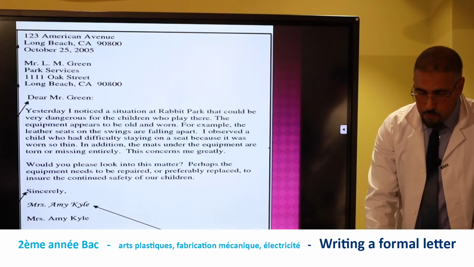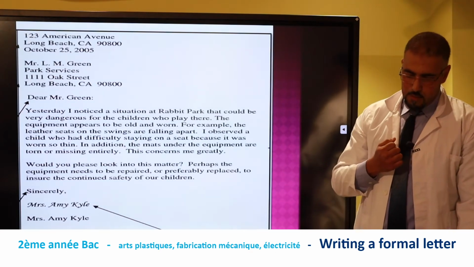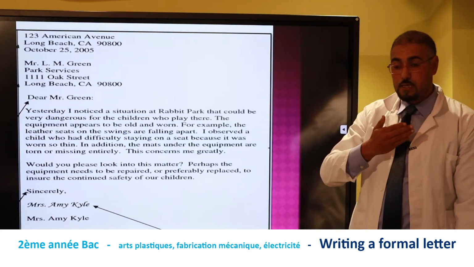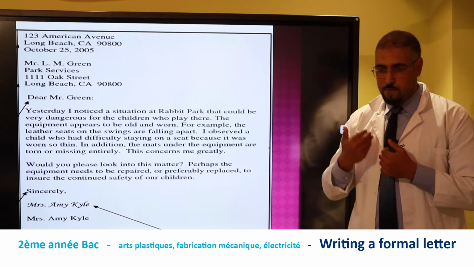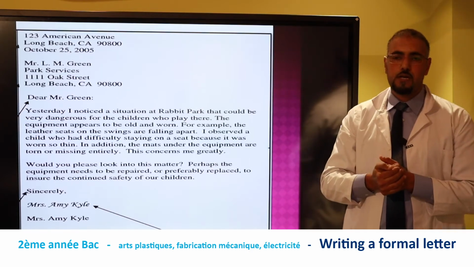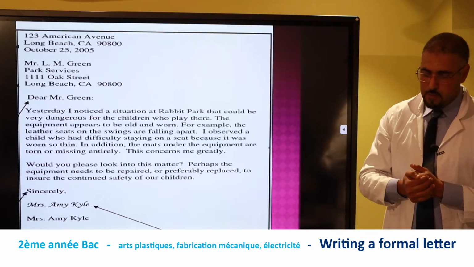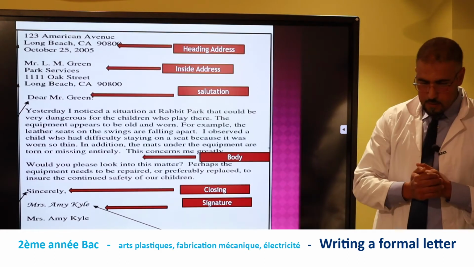Good. Now, this is a sample of a letter. So this is the form of a letter. As you see, it is completely different from an informal or personal letter that we write to friends and relatives. Good. Now, look at these things.